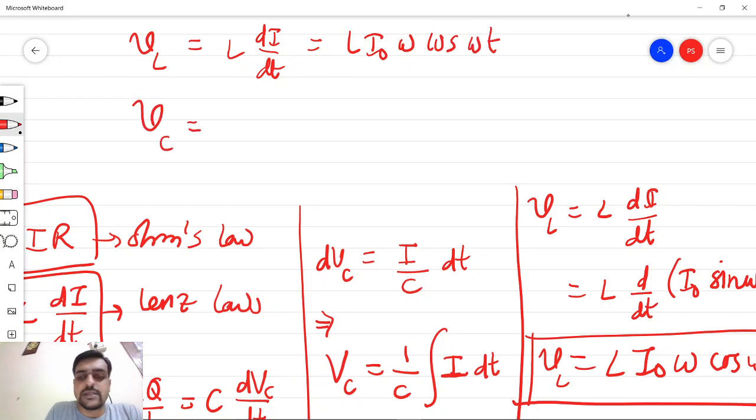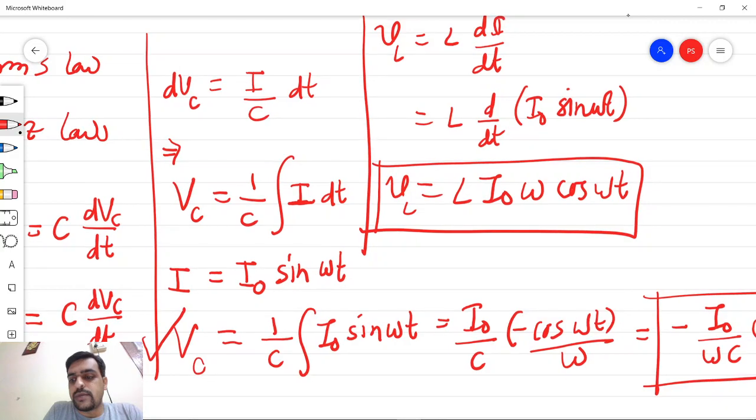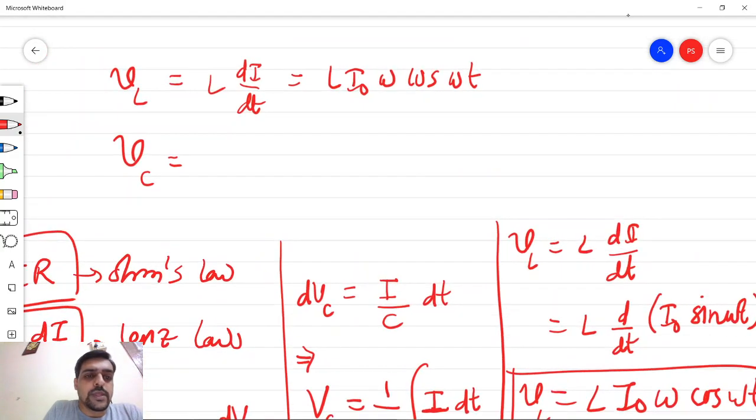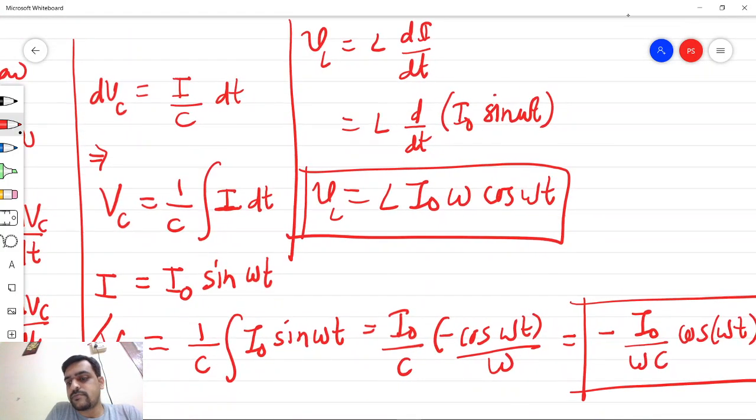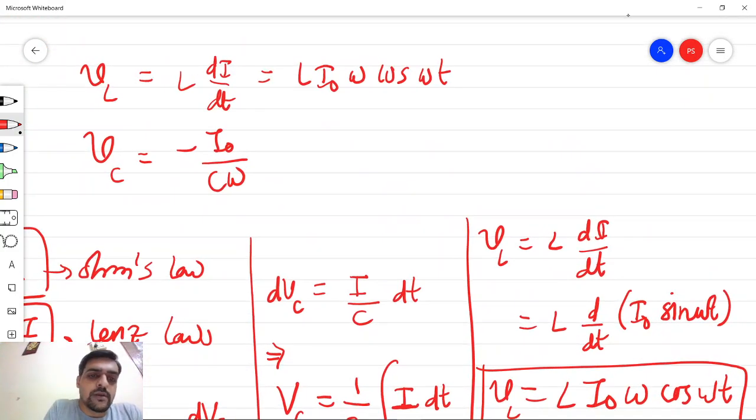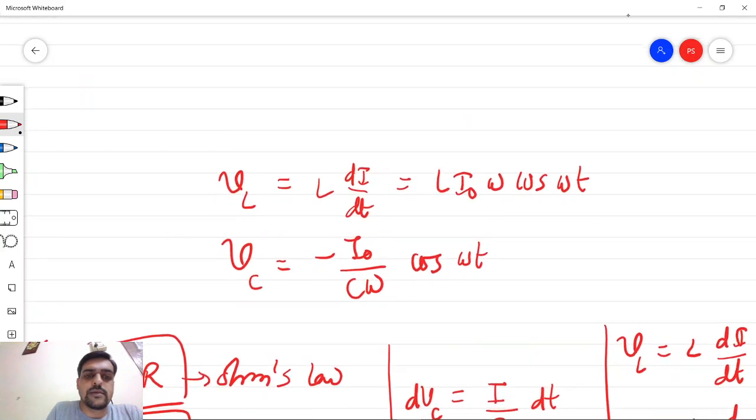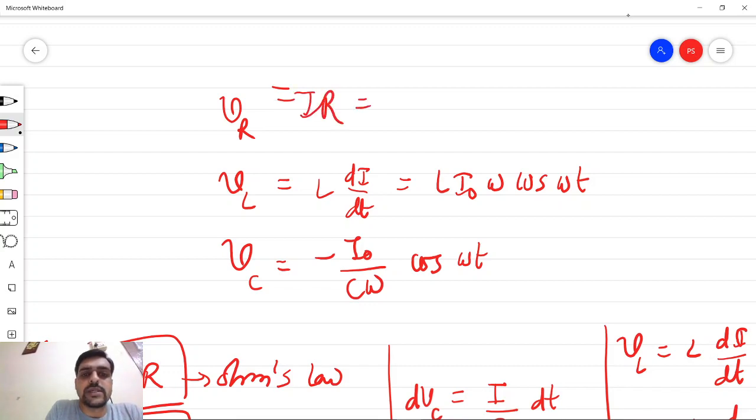Vc, which is equal to, in this case, minus I0 by C omega cos omega t, and VR, which was just equal to I times R, which is I0 R sin omega t.